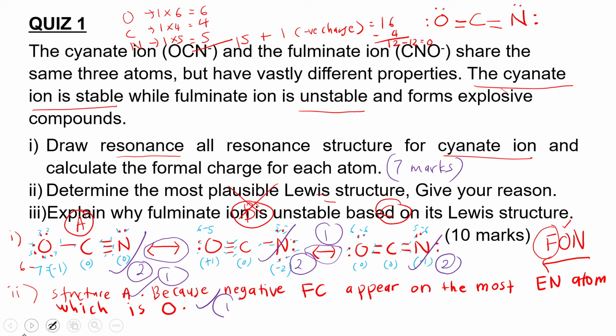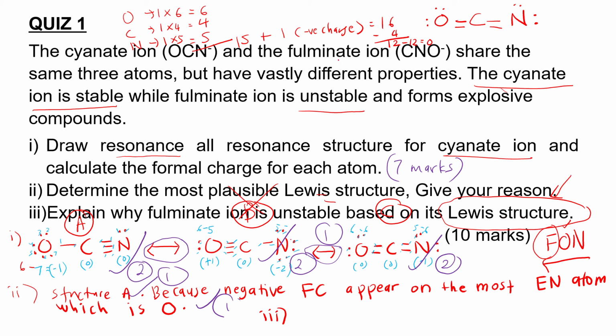Okay, and the last question, question 3. Explain why fulminate ion is unstable based on its Lewis structure. In this question, they ask us to refer to the Lewis structure.